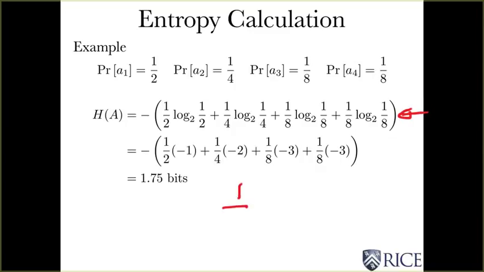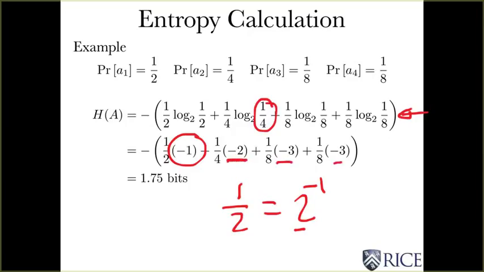So I point out that a half is 2 to the minus 1. And so the log base 2 of this is just minus 1. Well, 1/4 is 1 over 2 squared, which makes it 2 to the minus 2. So the log base 2 of that is minus 2, and the other ones you can easily see are the same.